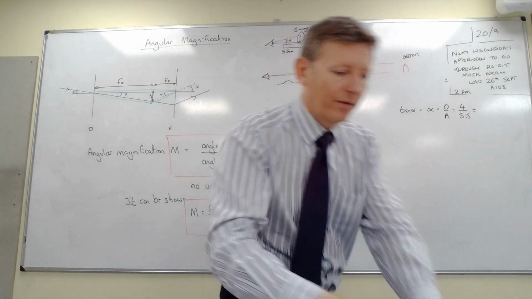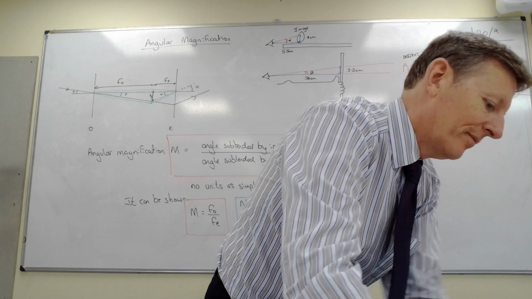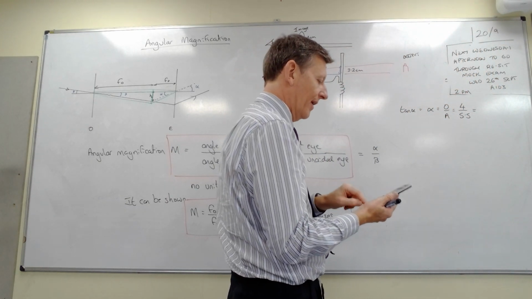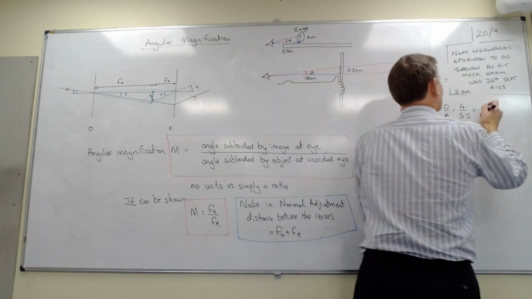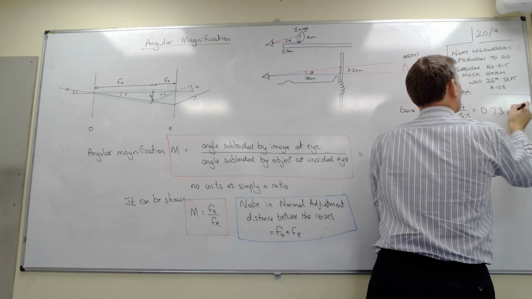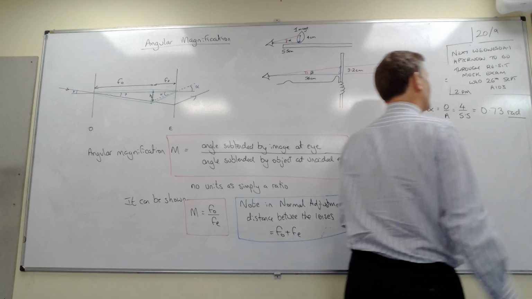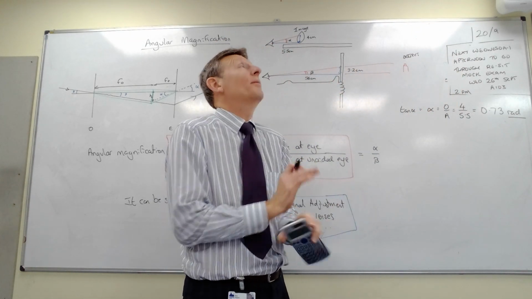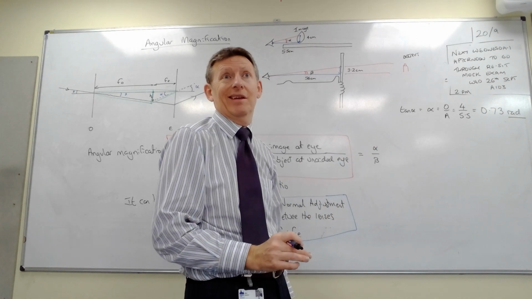So 4 divided by 5.5 equals 0.73 radian. By doing that, it's in radian, so I don't need to press inverse tan. You can if you want, it'll make no difference. You get exactly the same answer because it's small angles.